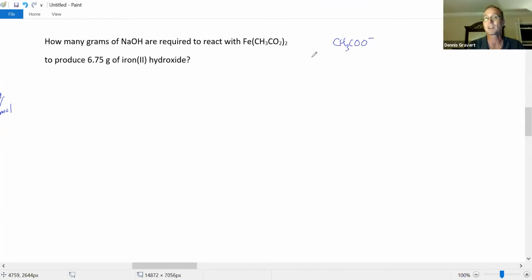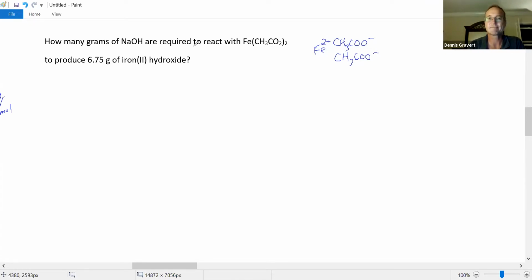Acetate has a -1 charge, and there are 2 of them. There's only one Fe, and nature says this makes a stable molecule because the charges are balanced. How can that be? Well, if each acetate has a -1, iron must balance all the negative charge by having a +2. There we go. This is iron(II) acetate.